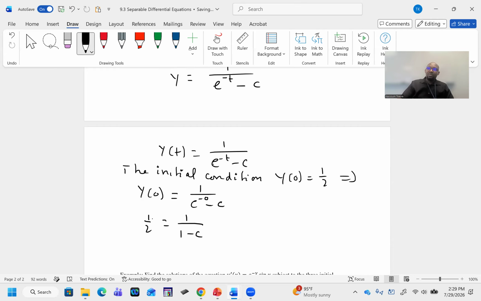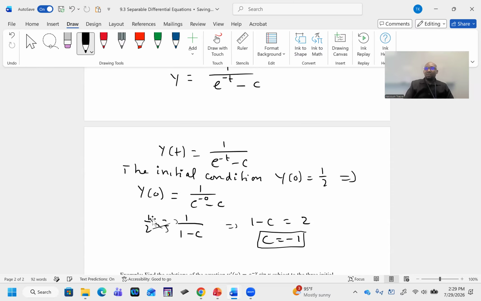So we do cross multiplication. This means 1 minus c would be equal to 2, right? Which means c would be equal to negative 1.